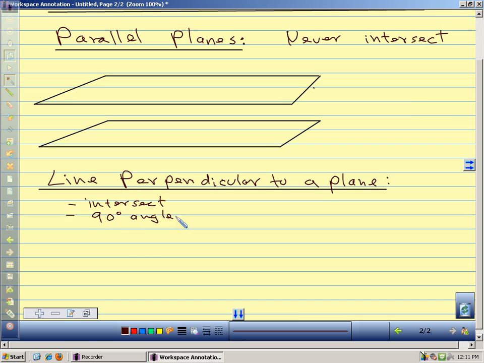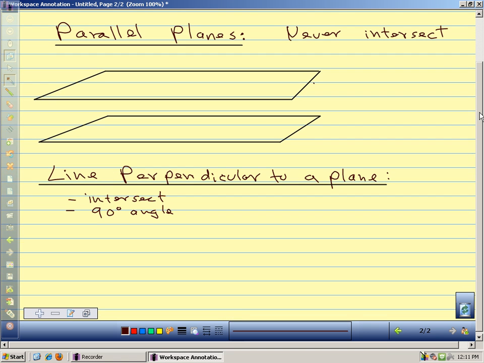How could we guarantee that a line made a 90-degree angle with a plane? There has to be another line on that plane. So Sean says there's another line on the plane. So it has to do with another line. Now here's where we have to be careful. Let me draw a picture up here on the board.